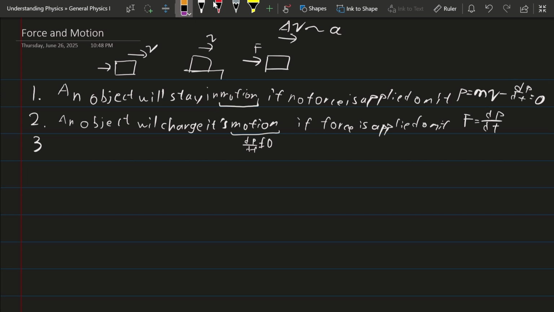Lastly, we have the third law, which is the action-reaction.